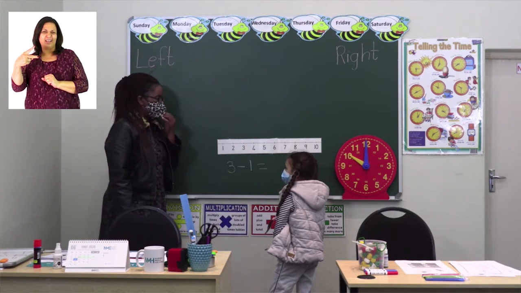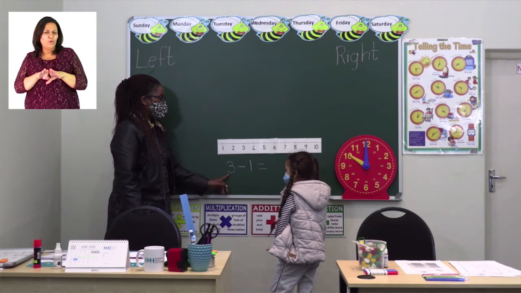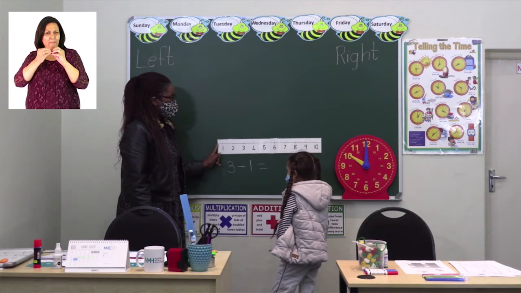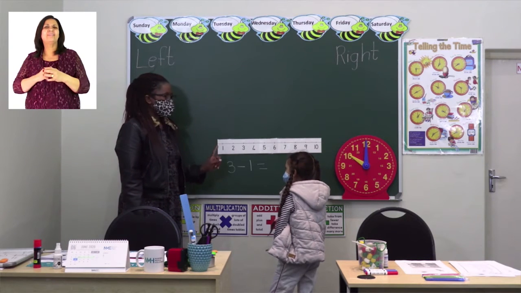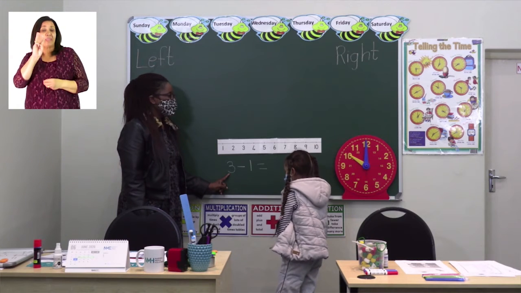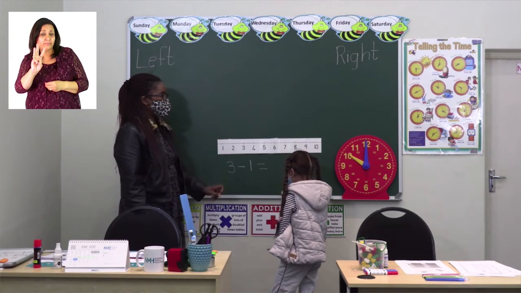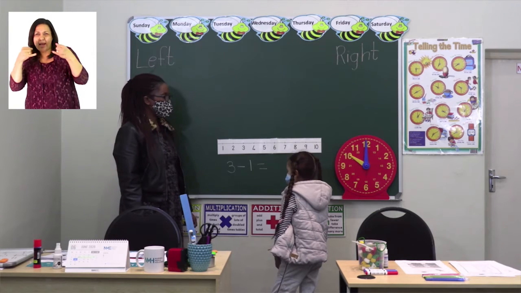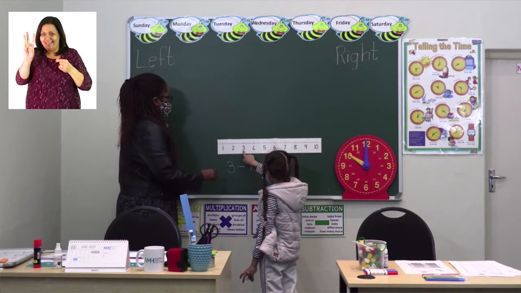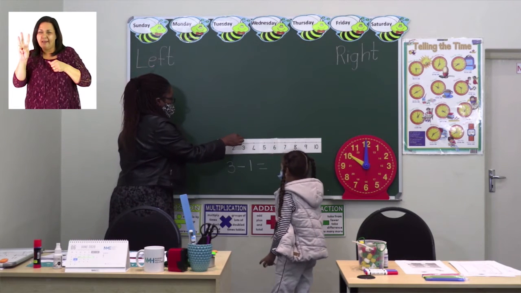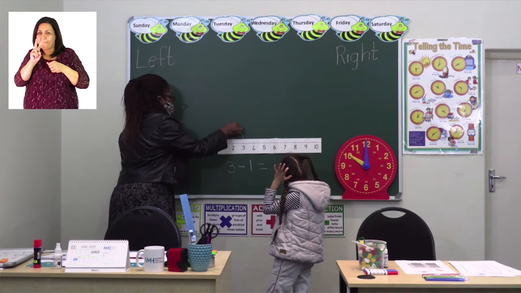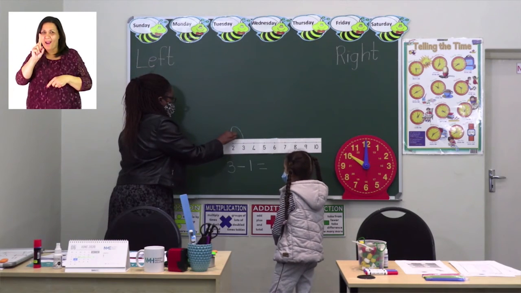How do we do 3 minus 1 using the number line? First, we look at the number, which is 3. So we go on to our number line and find where 3 is. Can you point and show me where 3 is? Well done. Right from there, we are going to make our little bunny rabbit jump 1 step backwards.